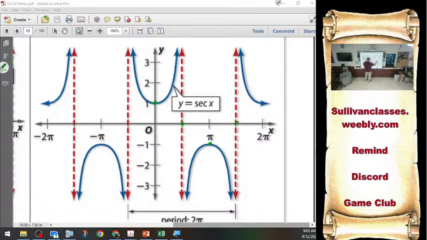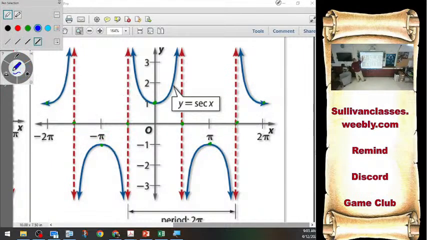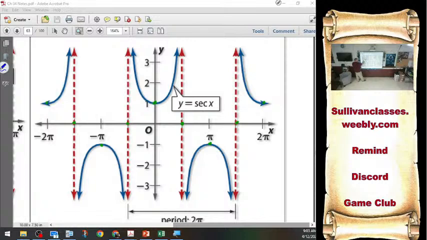Middle, down, middle, up. Same as if you were going to do a cosine wave, but then instead of connecting the dots, you're going to explode them outward and say intercepts are now asymptotes.